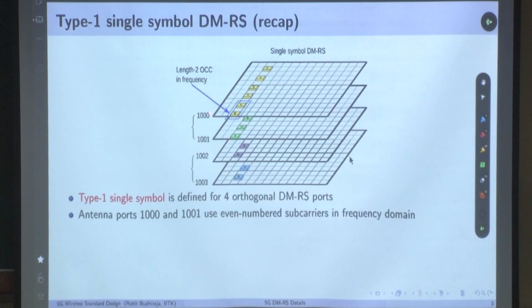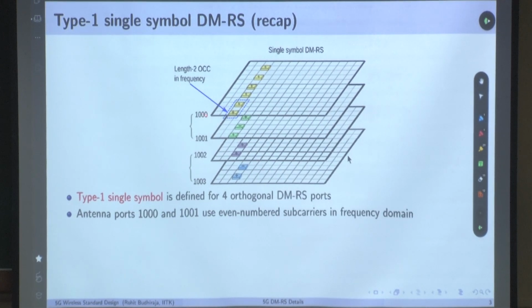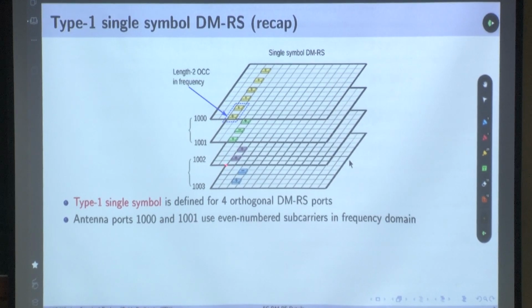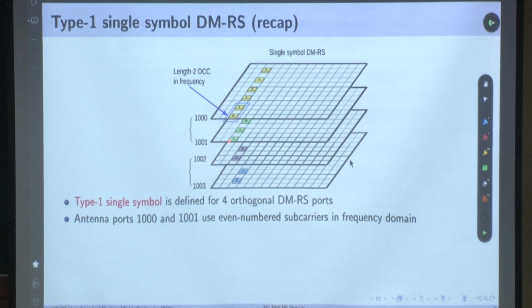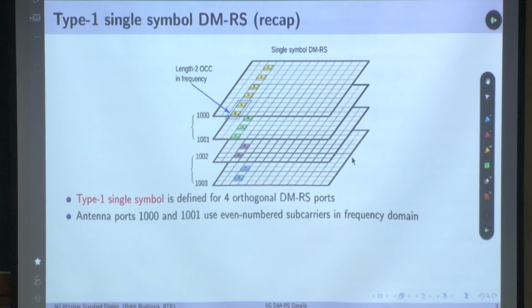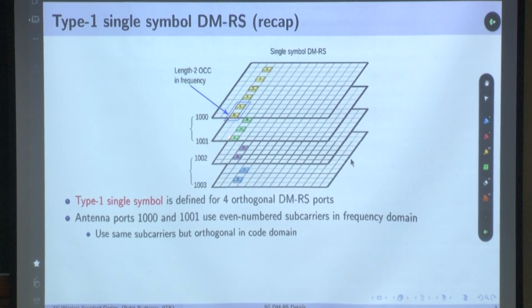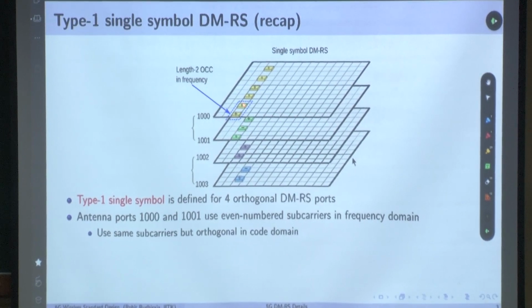So, these ports are numbered from 1000 to 1003. The first 2 orthogonal ports use even numbered subcarriers. They are using the same subcarriers, but they are orthogonal in the code domain.